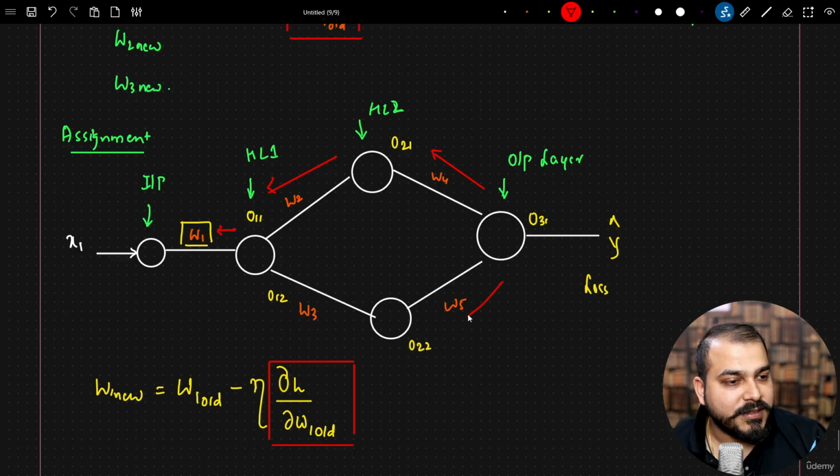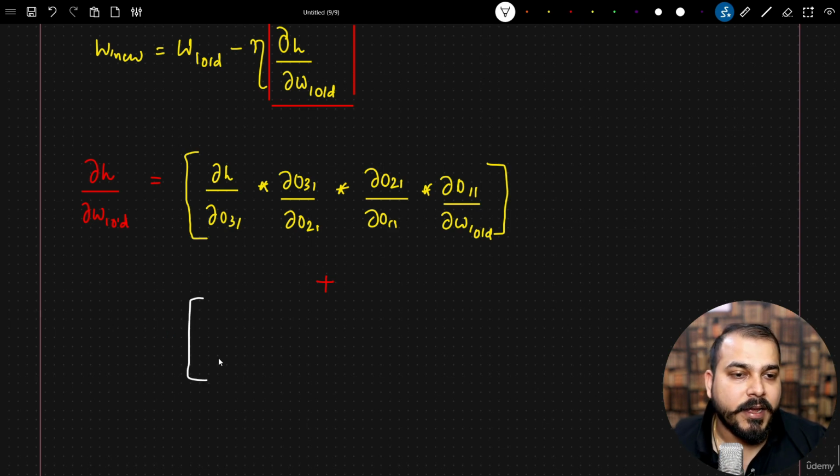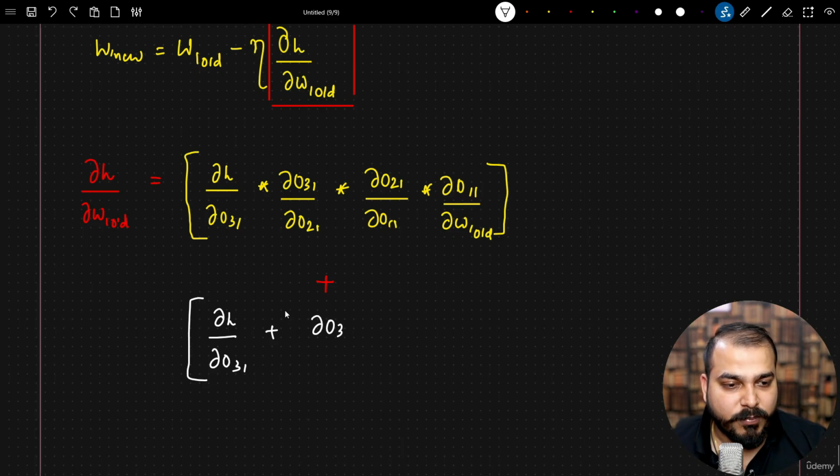But what about this? This part is also dependent, right? Here you can see O31 is also dependent on O22, O22 is also dependent on O12. So what I'm going to do, I'm just going to do an addition, and this addition will now have another layer which will say derivative of loss with respect to derivative of O31 multiplied by derivative of O31 divided by derivative of O22. It should not be plus, it should be multiplied, because chain rule says so.